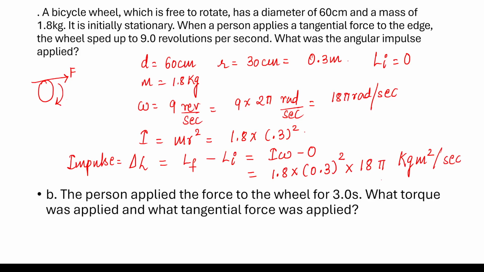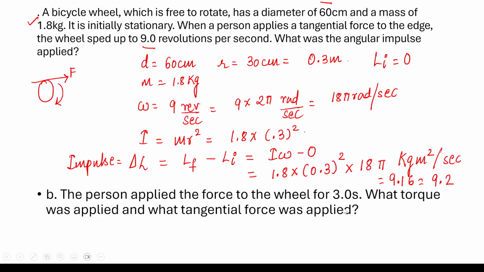Taking it up to two significant figures, sorry, not two significant figures, up to 2 decimal points. Although I have everything up to 1 decimal point, so I should make it up to 1 decimal. So it's 9.2, because everything in the question is up to 1 decimal point, as you can see, 2 significant digits. So my answer is also up to 2 significant digits.